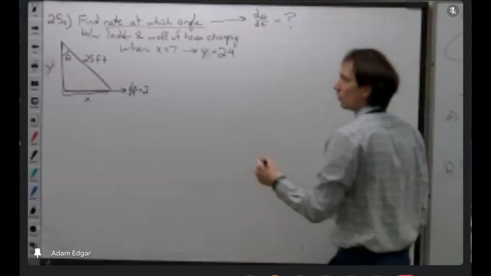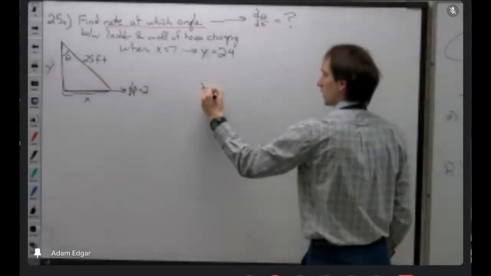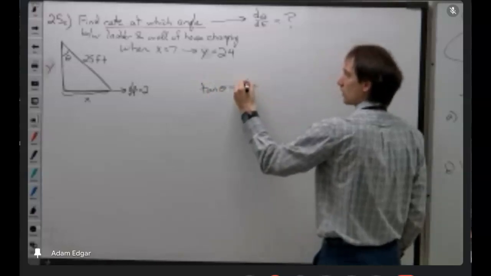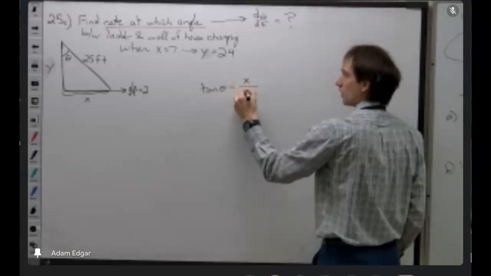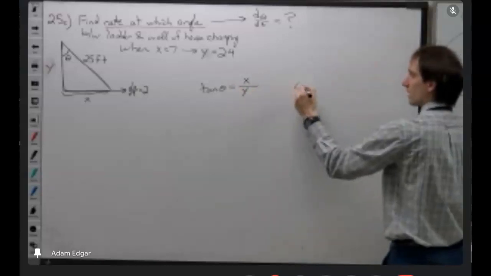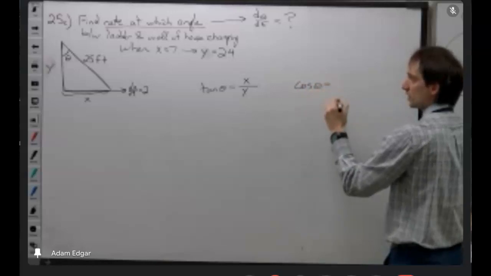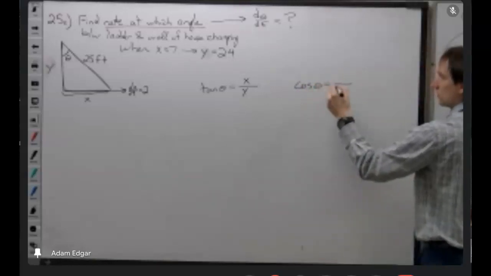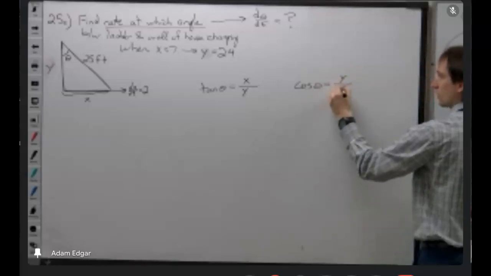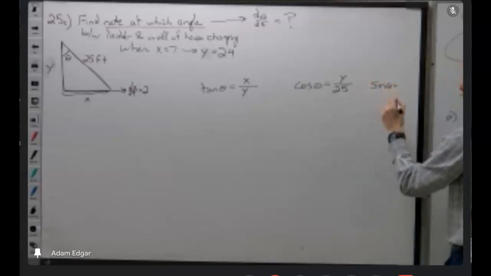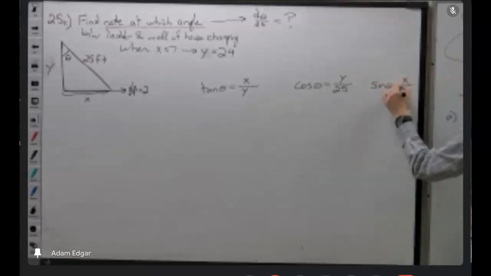So somebody said tangent. If we're going to do tangent, that's going to be who over what? X over y. Somebody said cosine. If we do cosine of theta, so what's adjacent to the angle? Y over 25. And what's sine of theta? X over 25, right? The opposite side from the angle over 25.